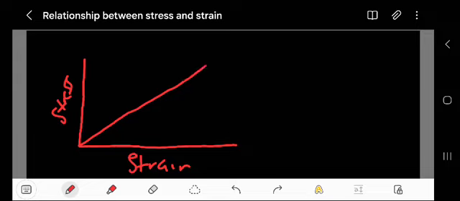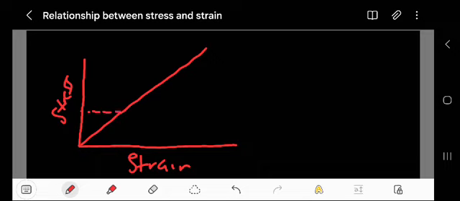Until the limit of proportionality, there's a constant. You see this line is very constant. Let me just draw it like this. It is increasing steadily. That means between these two points the ratio will be constant.